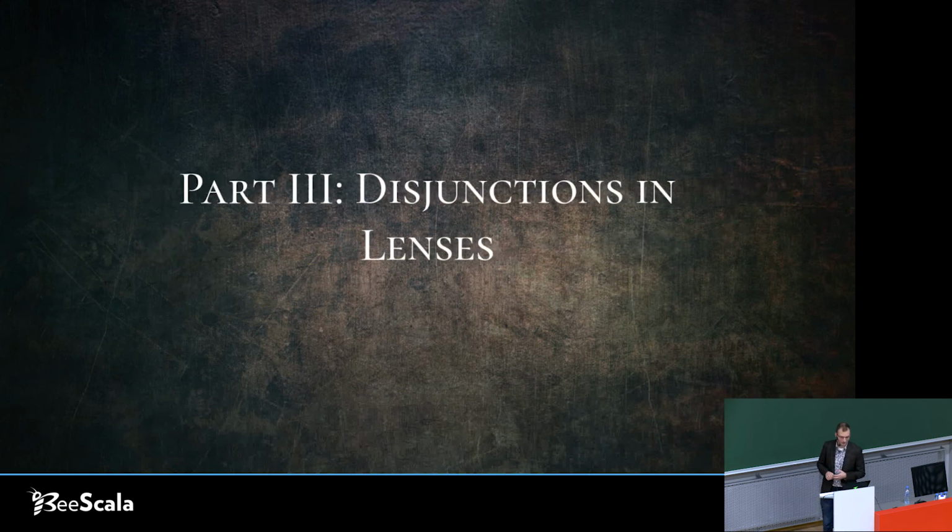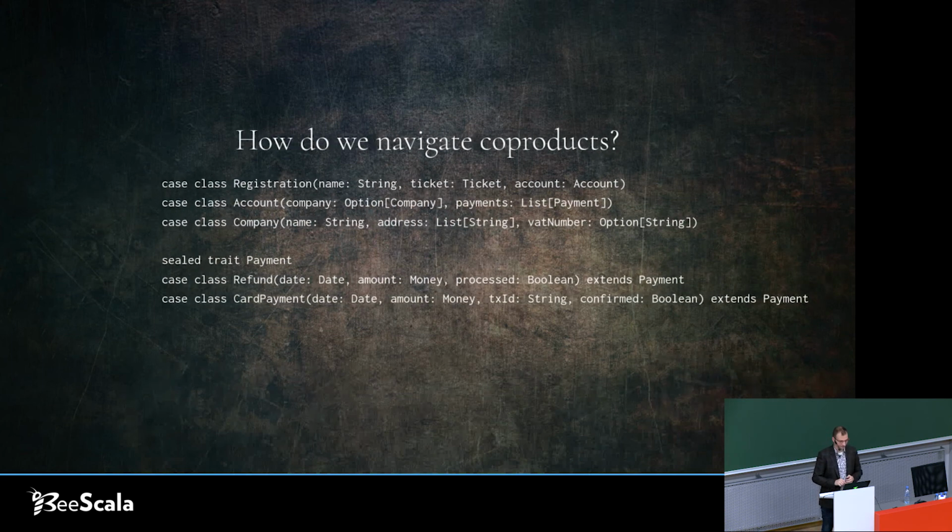So next step is to combine these two ideas, obviously. What happens if we changed our algebraic data types to include a coproduct, a sealed trait? So let's say payment has two different parts now. It's either a refund or it's a card payment.